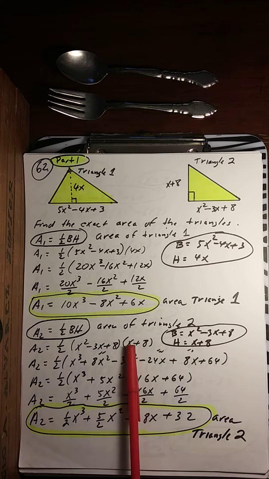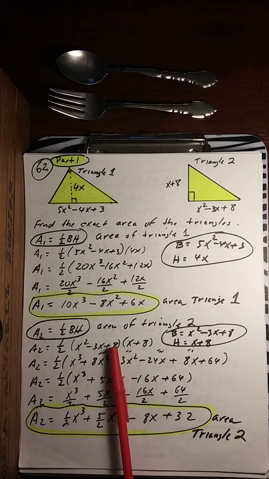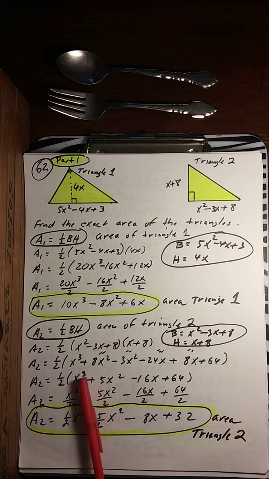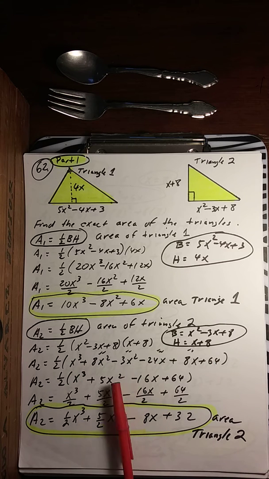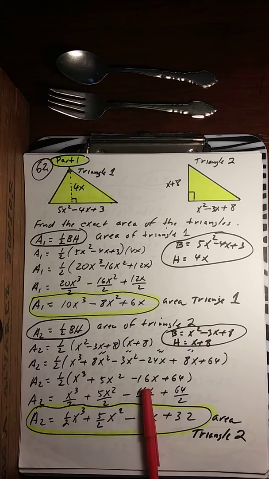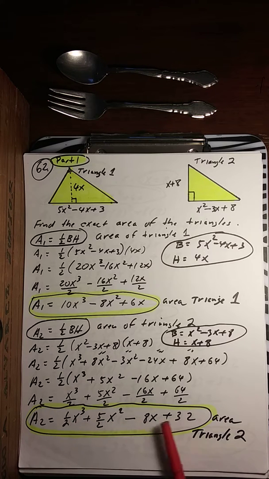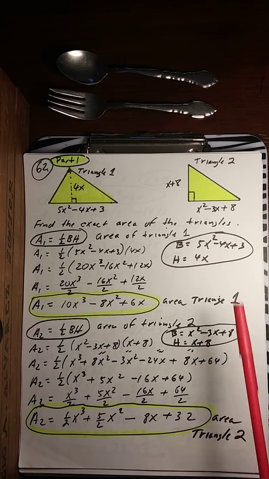So multiply this one times those two, this one times those two, this one times those two. All this together, combining like terms, we have x cubed, 5x squared minus 16x plus 64. So now divide by 2 all the way across. So this is 1/2 of x cubed, 5/2 x squared minus 8x plus 32. That's the area of triangle 2.